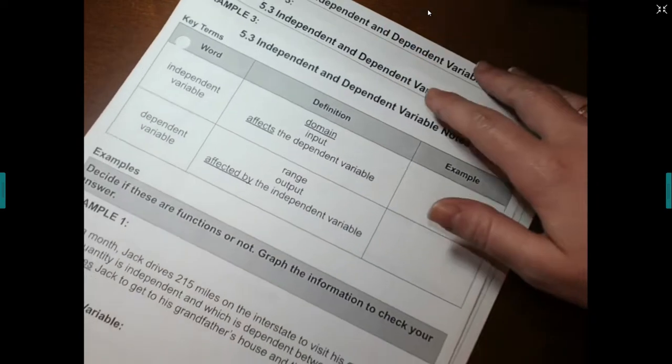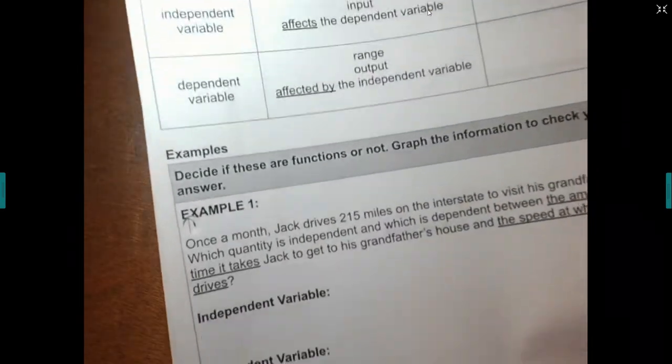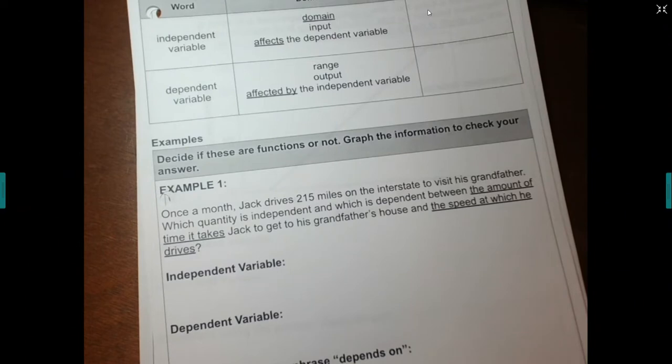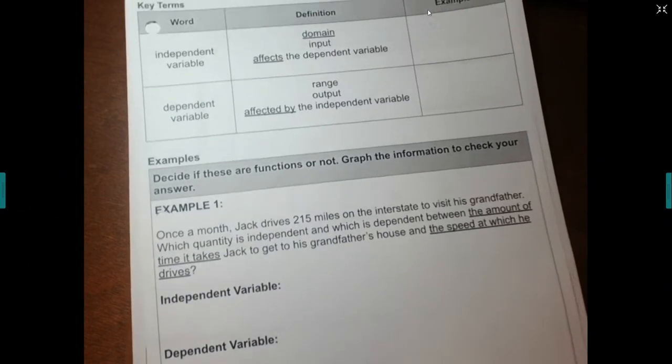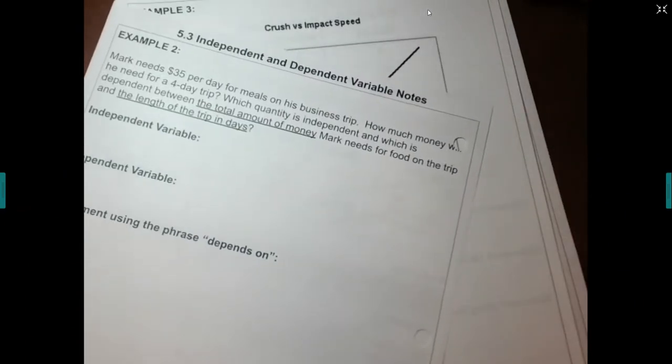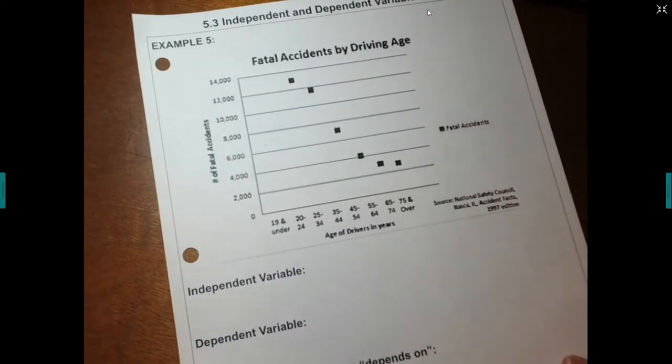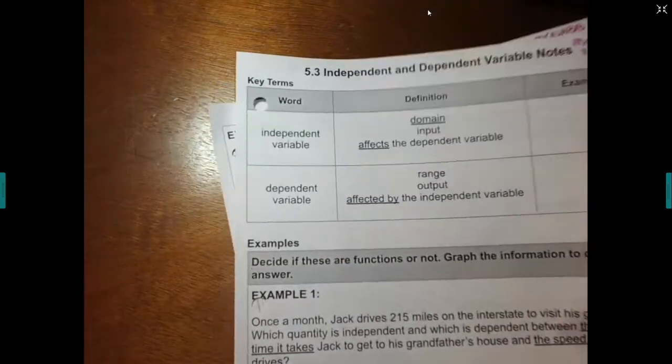This is actually 2 vocabulary words and then 5 problems. That's it. The reason that it takes so many pages is just because we've got some graphs and some tables, and those take up more space. So that's it. It's not that bad at all.